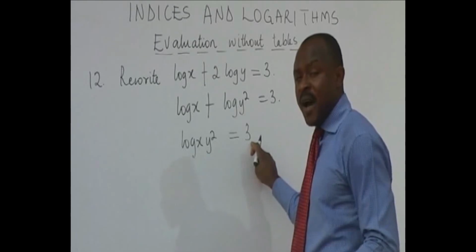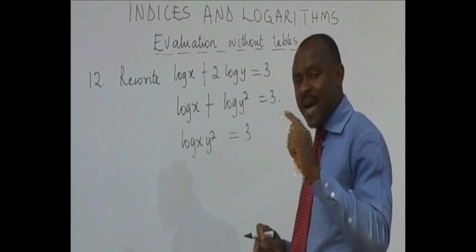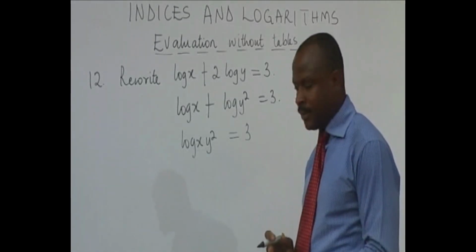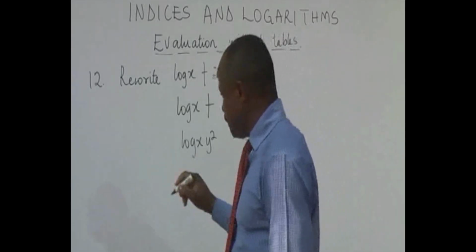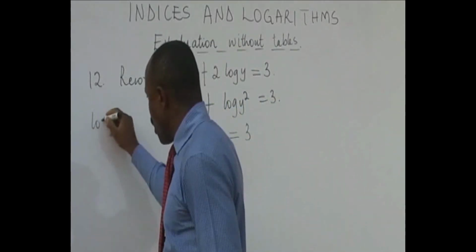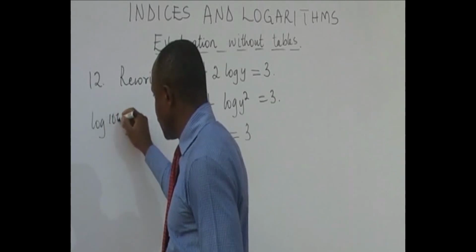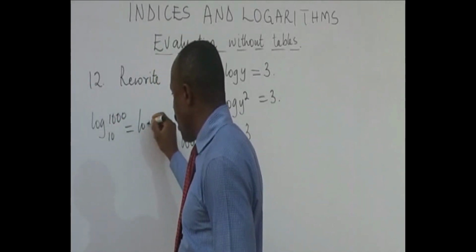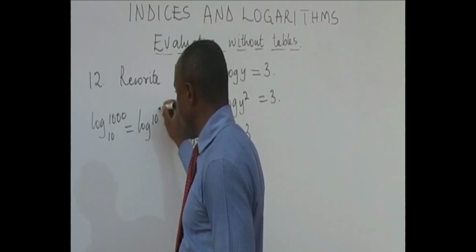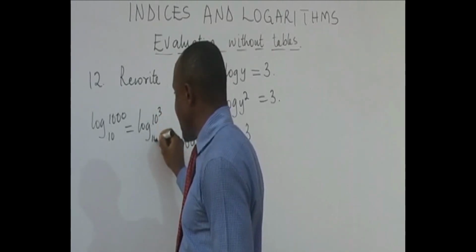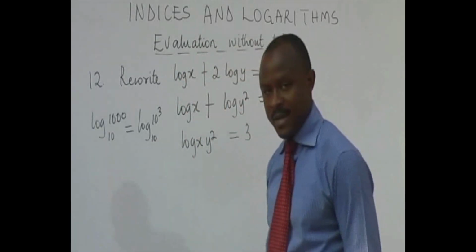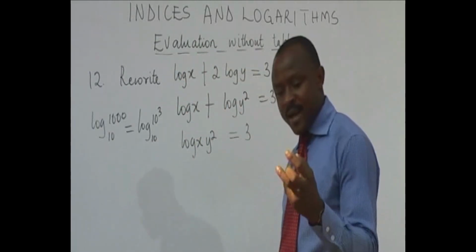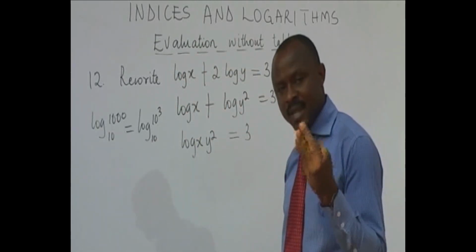This 3 has the value of log of 1000 to base 10. I want to explain that. Log of 1000 to base 10 means log of 10 exponent 3. You know that 1000 is 10 exponent 3. You know that. 10 times 10 is 100. 100 times 10 is 1000.